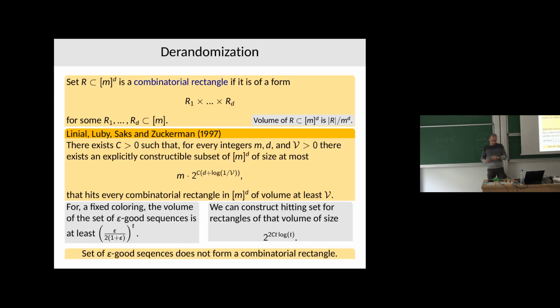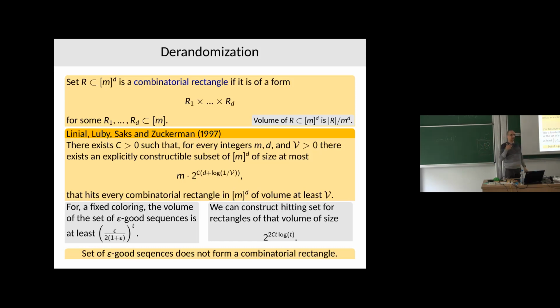But for some time, I thought that maybe you cannot apply the results, but you can apply the proof, right? Maybe it even works better because these epsilon good sequences are somehow more evenly spread in this expander graph. It's of course completely wrong.